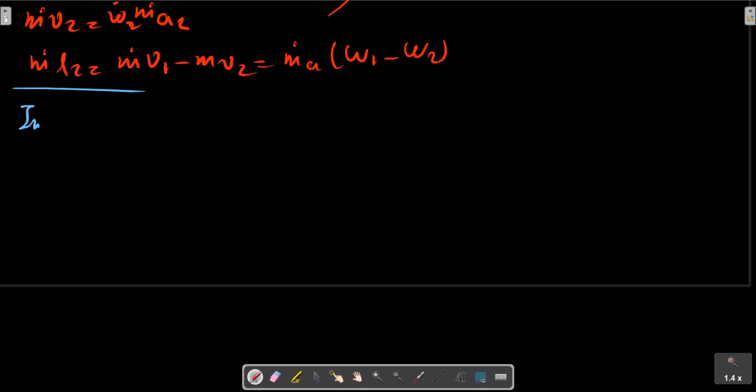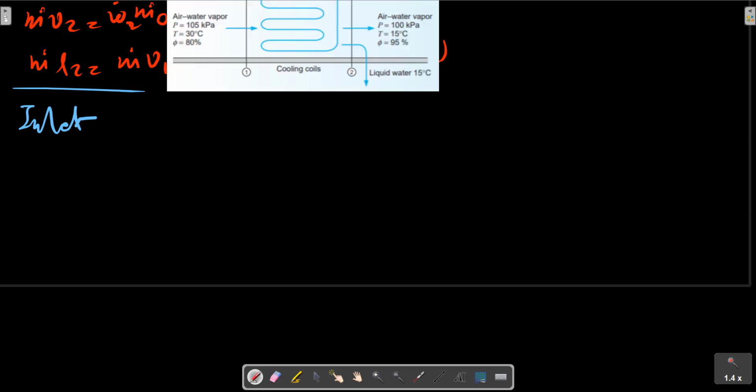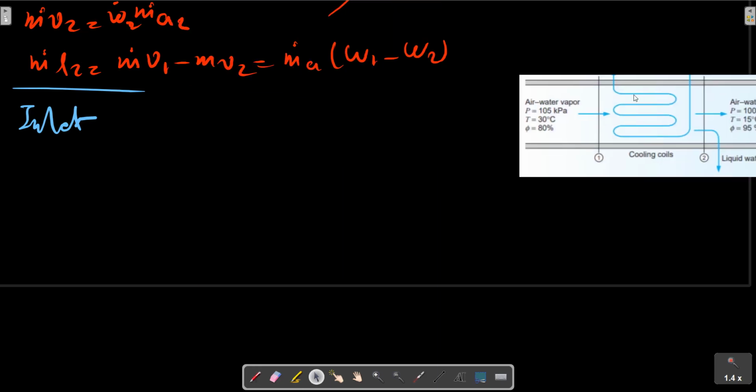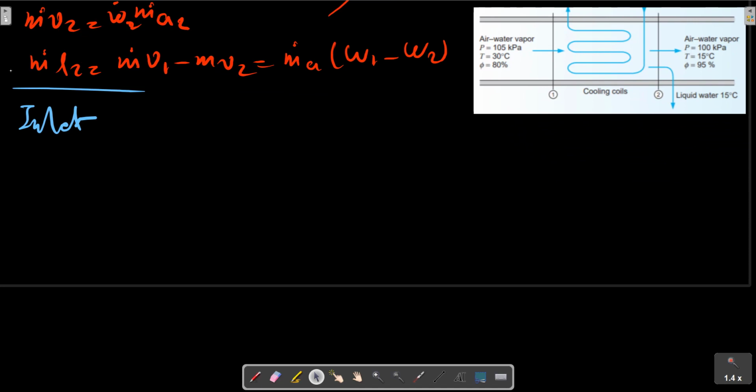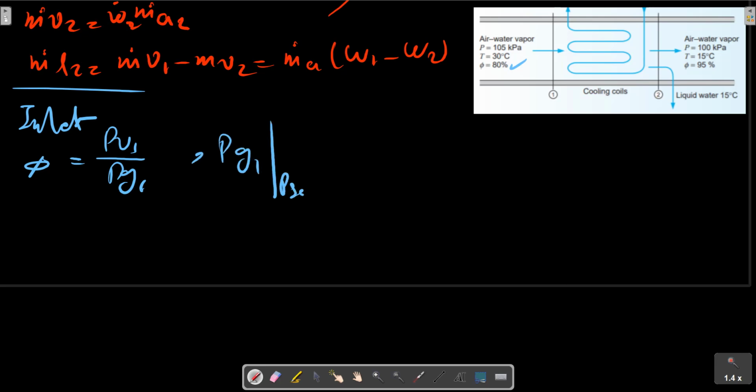In that process we have this information: humidity, relative humidity, PV1 over PG1, where PG1 is P saturate at PV1.